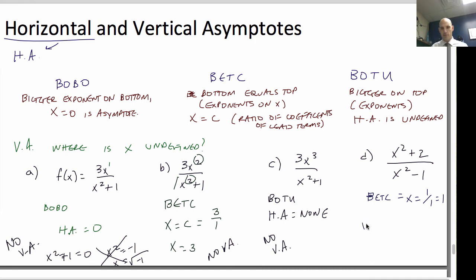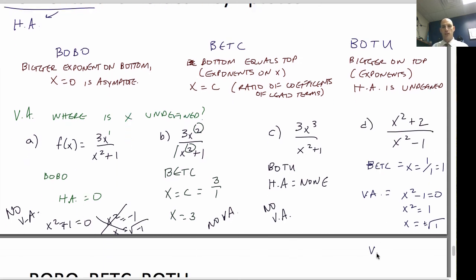For my vertical asymptotes, what's going to break the domain? I don't have any radicals. That's the main thing we're looking for. And the bottom equals 0. So x squared minus 1 equals 0. So x squared is equal to 1. So x is equal to plus or minus the square root of 1. So there are vertical asymptotes at x equals plus or minus 1.